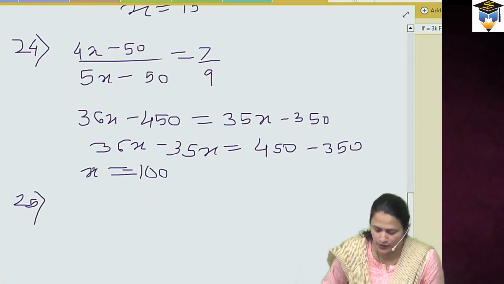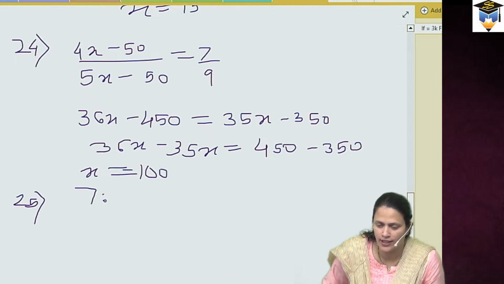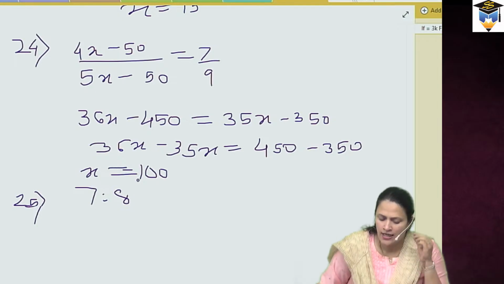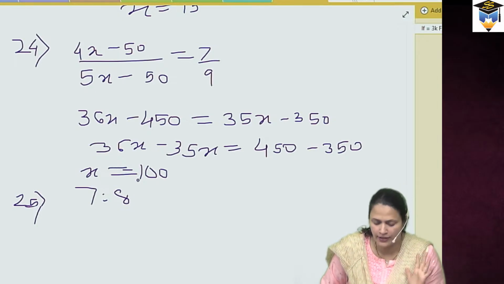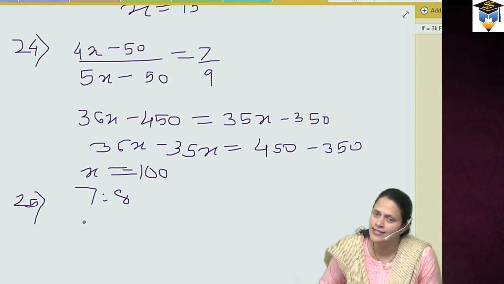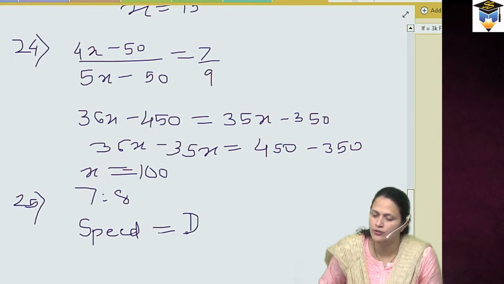Okay? Alright, so now what all is given to us? Ratio is given to us as 7 is to 8. Now the second train is going to run 400 kilometers in 5 hours. So what will be the speed of the second train? Speed is equal to distance upon time.